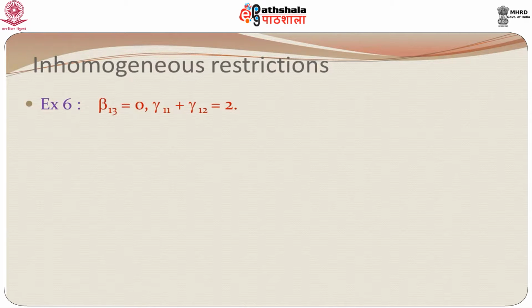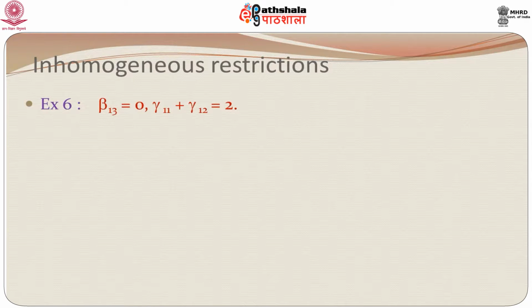This is the usual type of exclusion restriction that we have been using. But suppose in addition we have gamma 1 1 plus gamma 1 2 is equal to 2. Now, we have two restrictions, so you know that the order condition would be satisfied, because in this case r should be equal to or greater than g minus 1, which is 3 minus 1 is 2. So, we already have two restrictions.